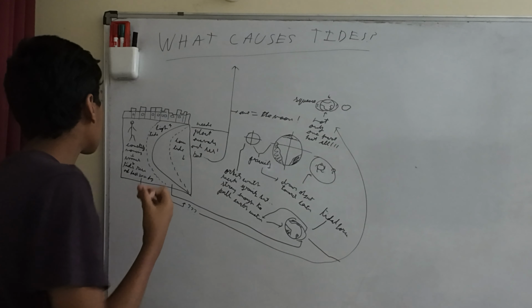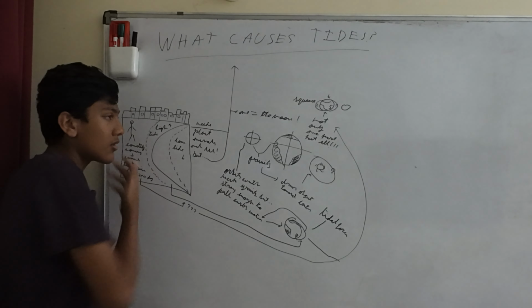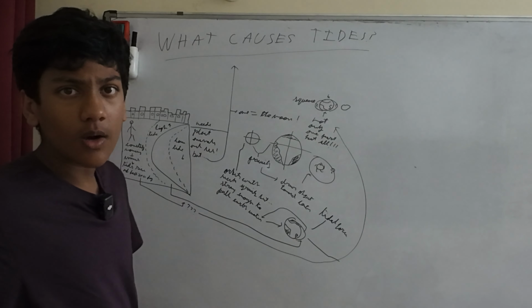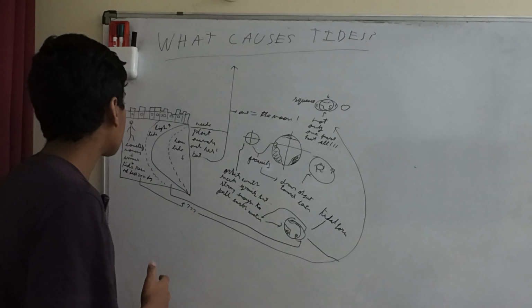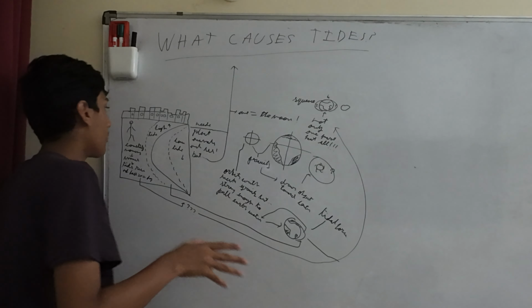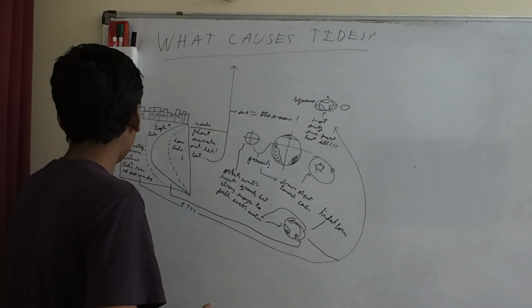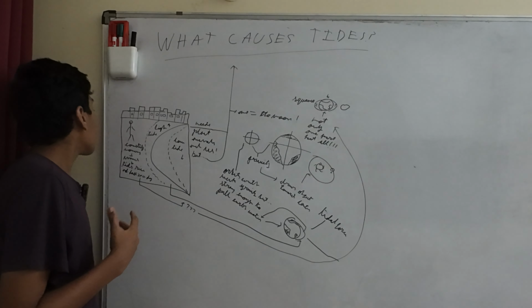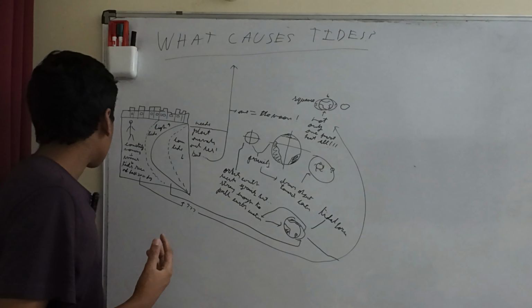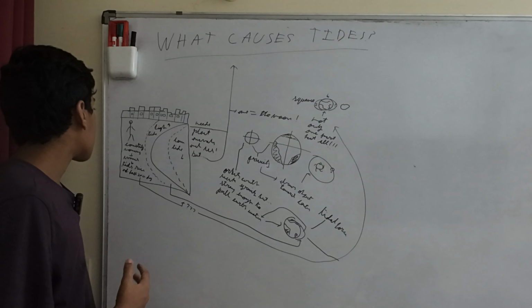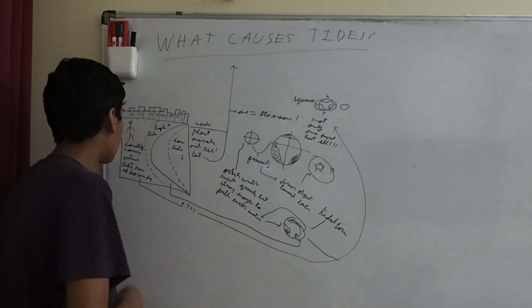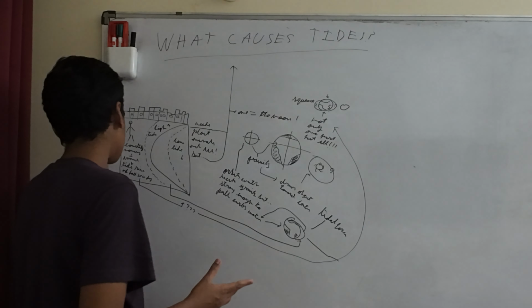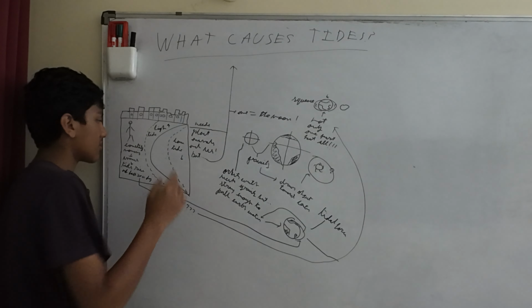So you might be thinking, okay, let's say one day you're walking down the beach, and you might have seen the waves, the ocean rising up and down. As we already know, the ocean is always constantly moving, which means the waves are constantly moving the ocean, and because of that, the tides rise and fall two times a day, and that's kind of common knowledge.